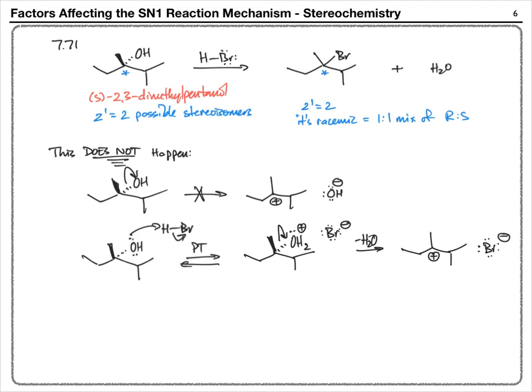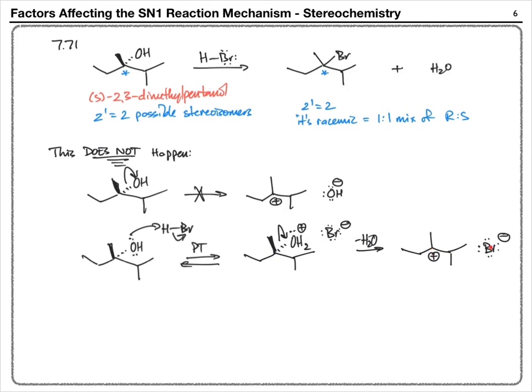So this is what happens. This is sp3 hybridized. It has chirality. We determined it to be S. After this ionization happens, it's now sp2 hybridized, and we saw before this is flat. You have the p orbital above and below, so you've lost the stereochemical information.